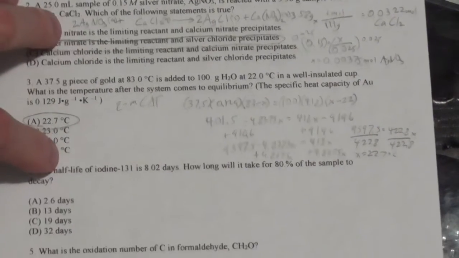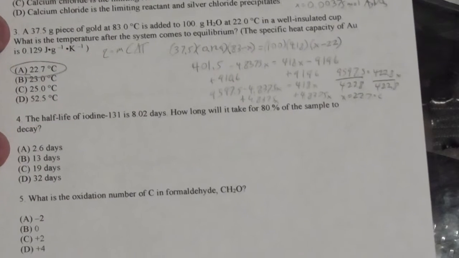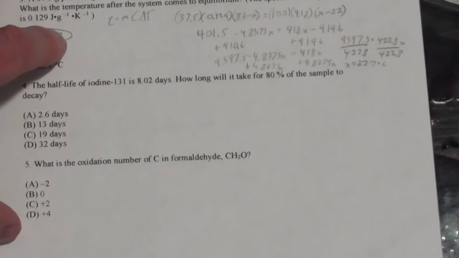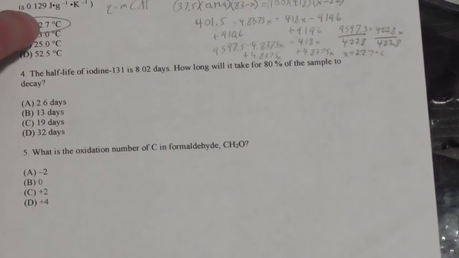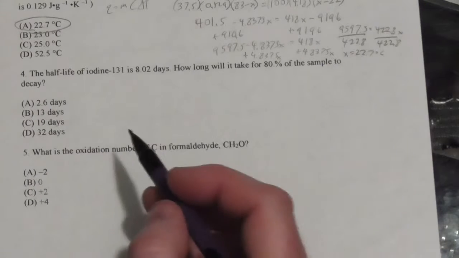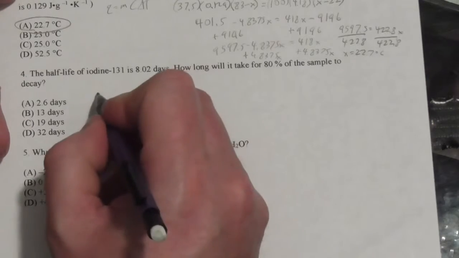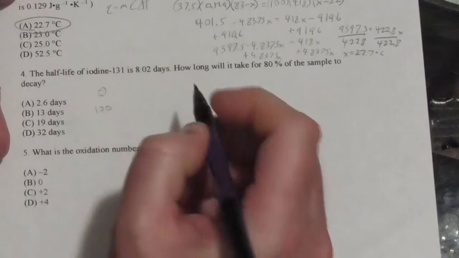All right, now this one, yes, there is a half-life formula, but I'm not going to hold you responsible for that. There's a much easier way to do this. So 80% of the sample has to decay. 8.02 days. So I start my sample at day 0, I have 100%.